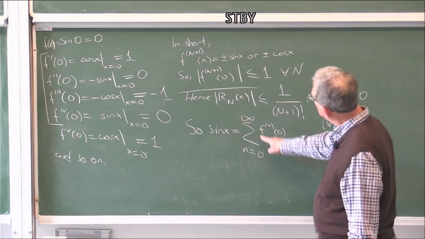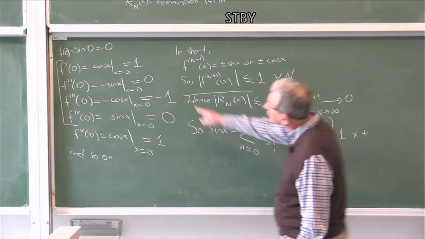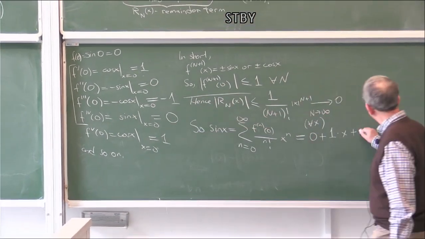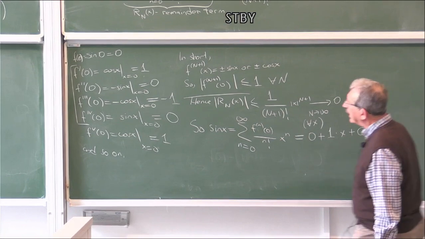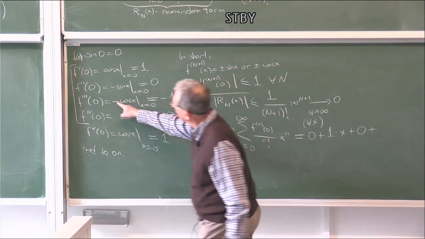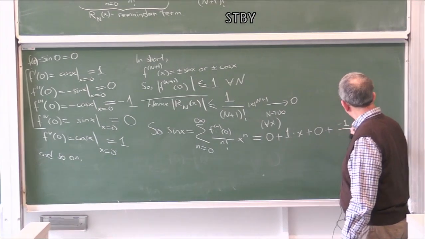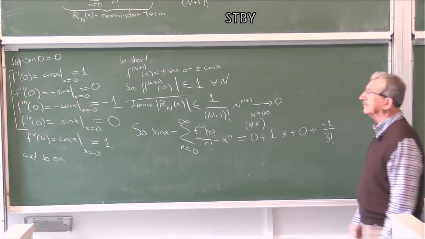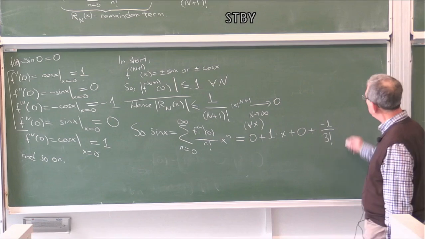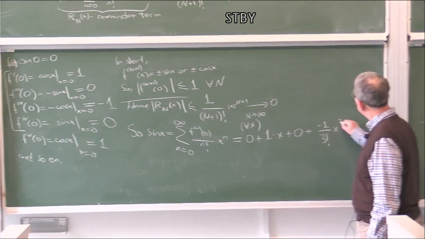When n is 2, the second derivative is 0, so we have 0. When n is 3, we have minus 1 here, and we have 3 factorial, and we have x cubed.